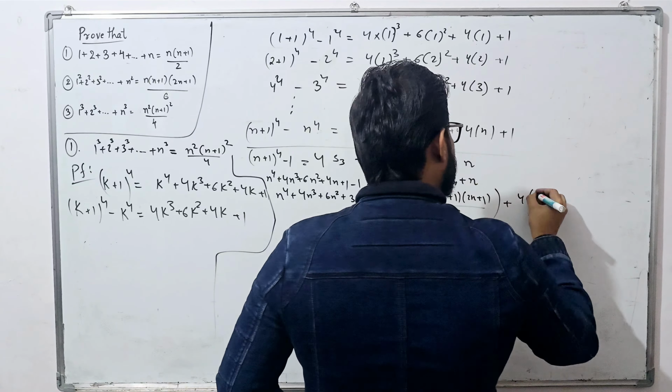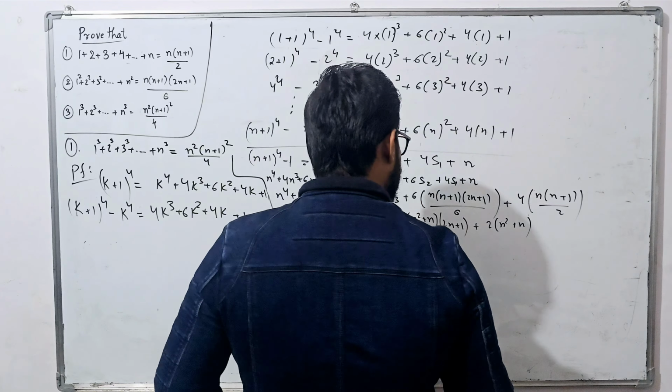let's see, n square plus n into 2n plus 1 plus 2 times n square plus n, right? You get this thing. Okay, so you have n to the power 4 plus 4n cube plus 6n square plus 3n is equal to 4s3 plus, let's evaluate this one. Of course you can take n square plus n common, but I'm not doing it.